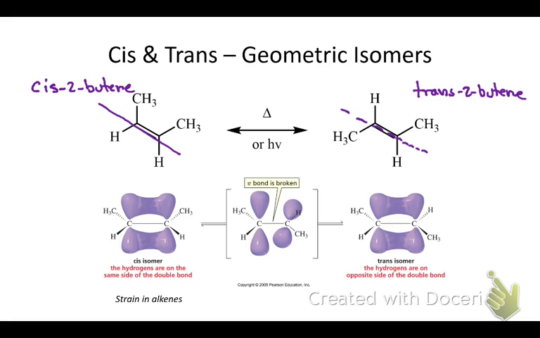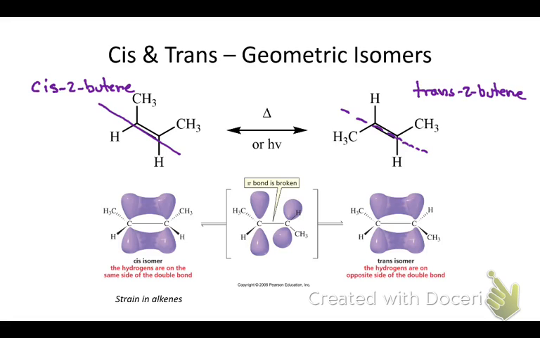I have a sigma bond and a pi bond. So I have these 2 bonds like this. And then I put 2 groups on either end, like this. That's cis 2-butene. But they don't like each other, right? Because we don't think about how big these groups are, but they're pretty big.